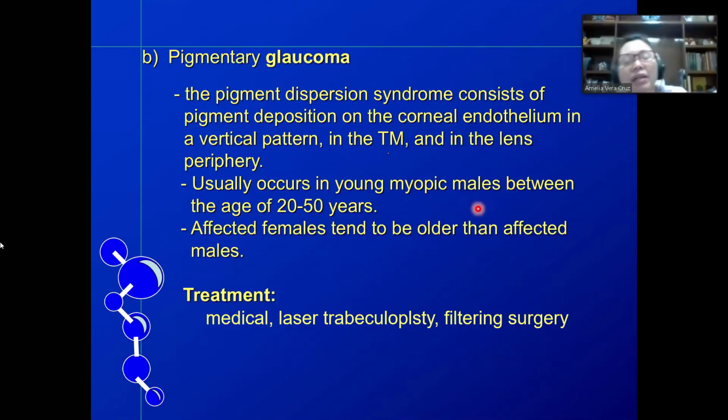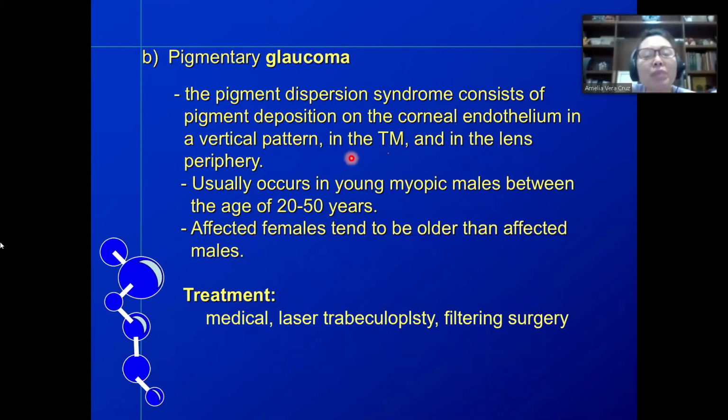The pigmentary glaucoma. Okay. This is due to pigment dispersion syndrome. There is deposition of pigments in your corneal endothelium in a vertical pattern. So, this is what you call as your Krukenberg spindle.